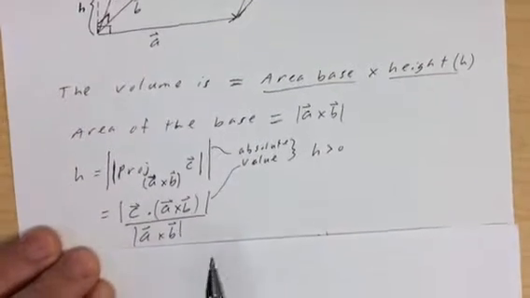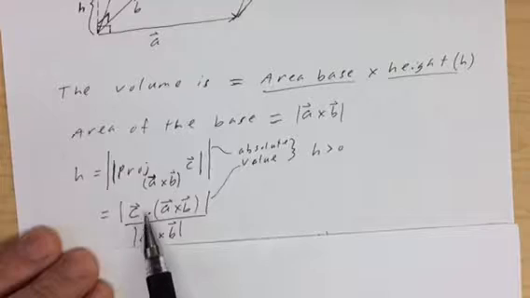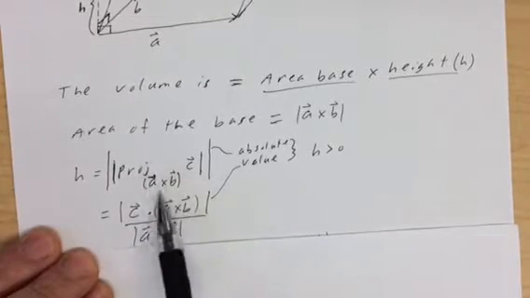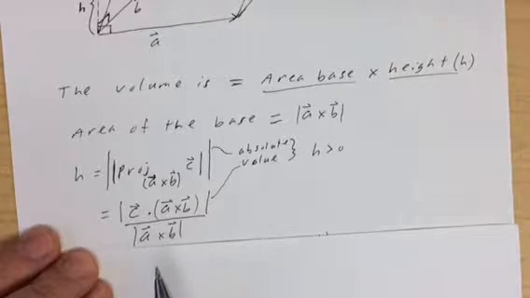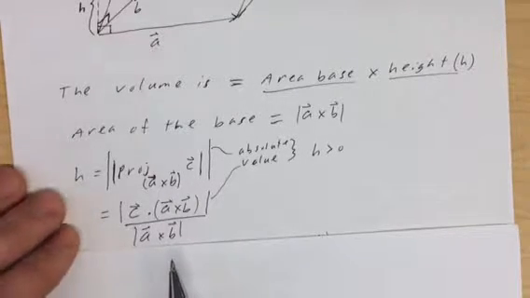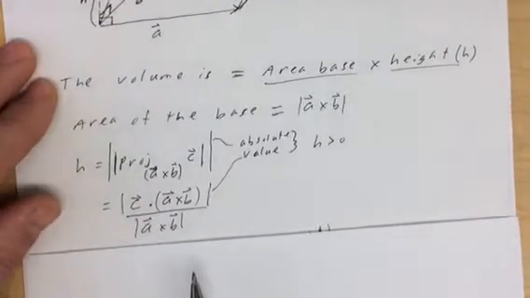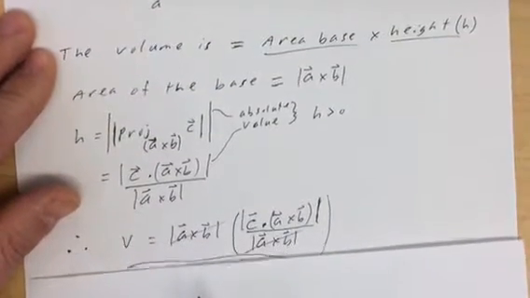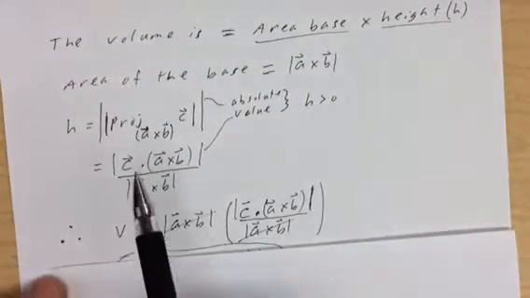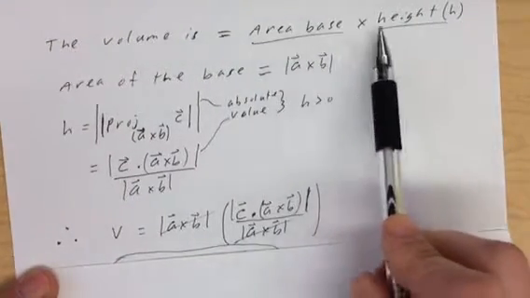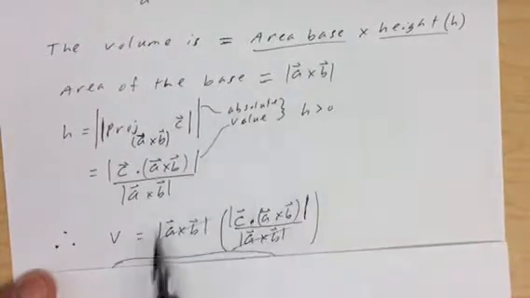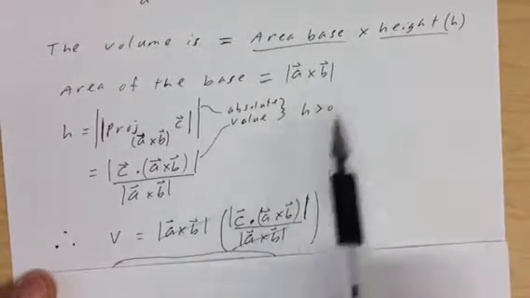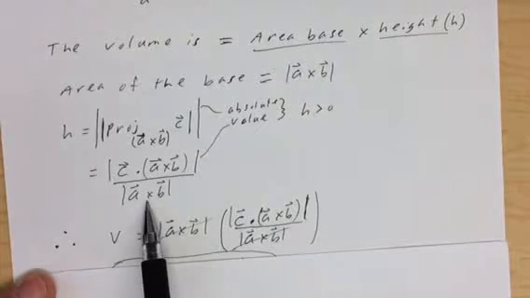When we look at that, this is absolute value still. That formula, as we remember from before, is c dot this vector divided by the magnitude of that vector. You have to look back at the formulas for that. If we plug this all into volume equals the area of the base times the height, the area of the base was the magnitude of a cross b, and the height was this formula here.